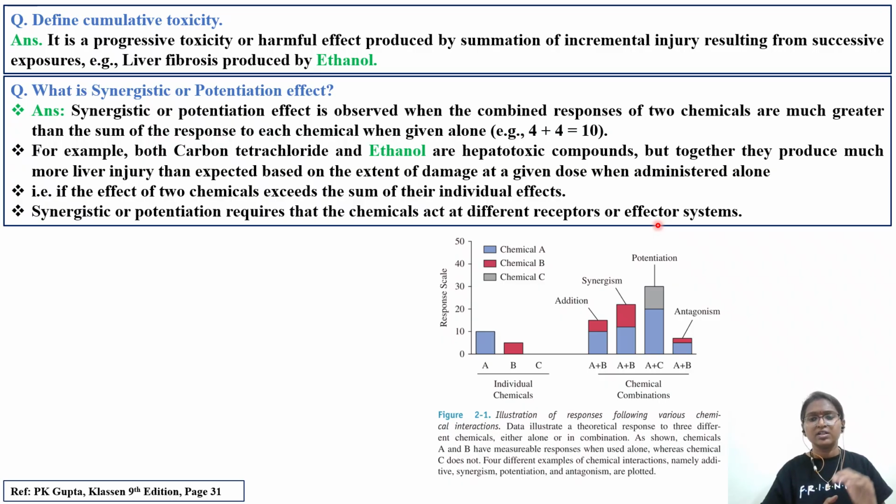For example, drug A will go and bind to some receptor, receptor X. Drug B will go and bind to receptor Y. But overall, the effect of binding to X receptor and Y receptor is more than the individual effects. If drug A and drug B are both binding to receptor X only, then it becomes a challenge.